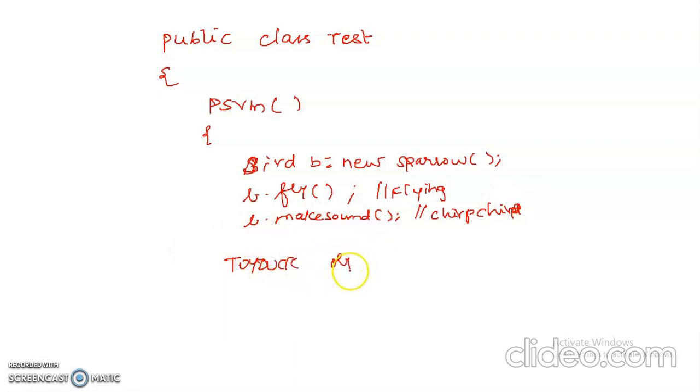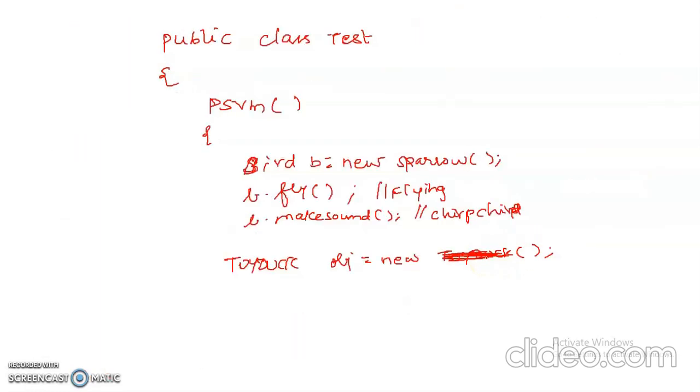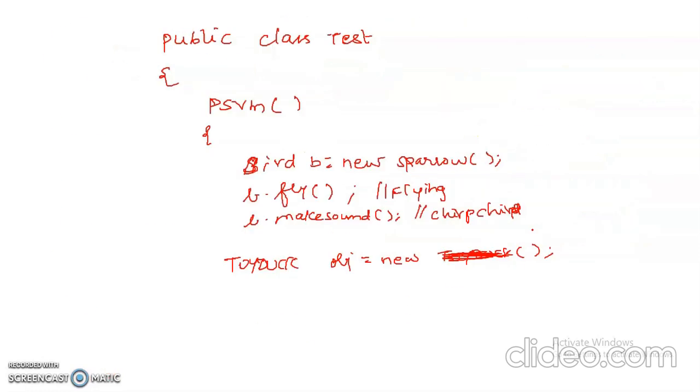ToyDuck object equal to new BirdAdapter. Because here we had a Bird interface and the class Sparrow implements it, so we have created the object Bird b = new Sparrow.